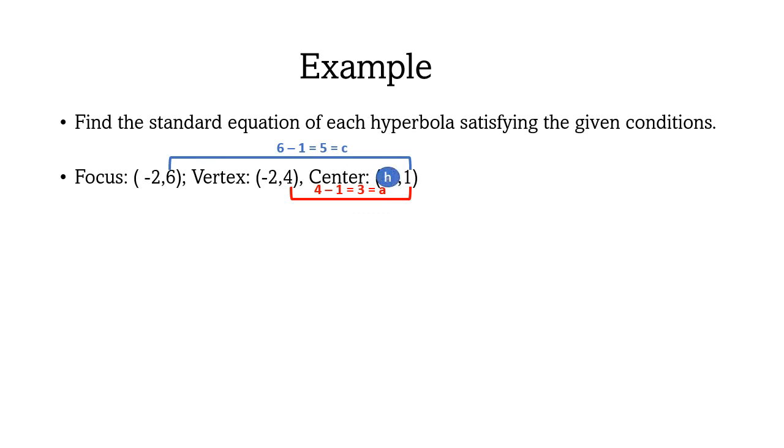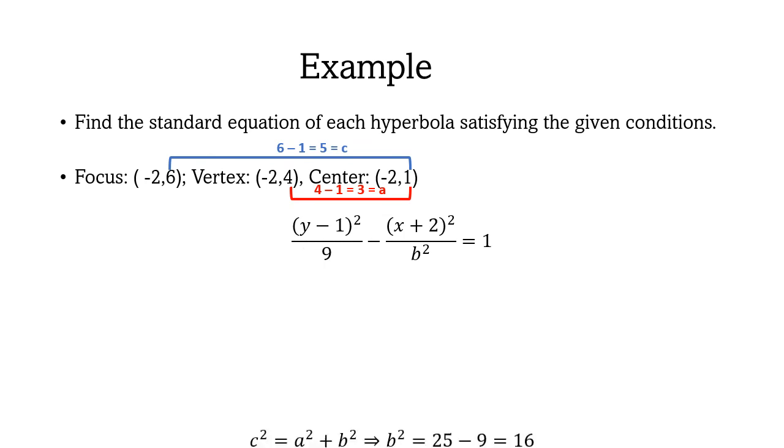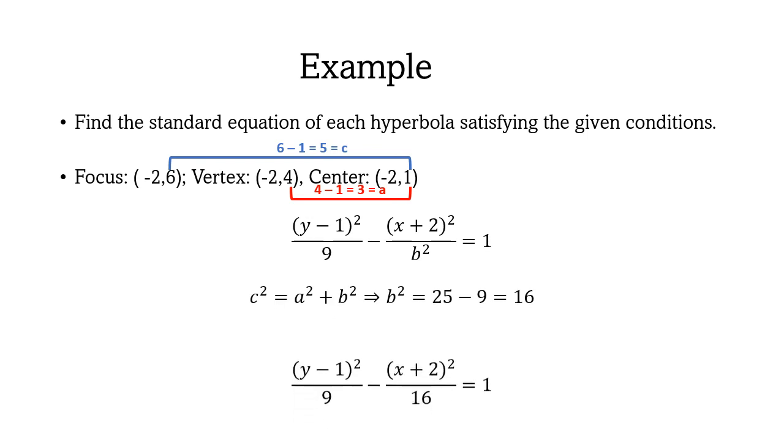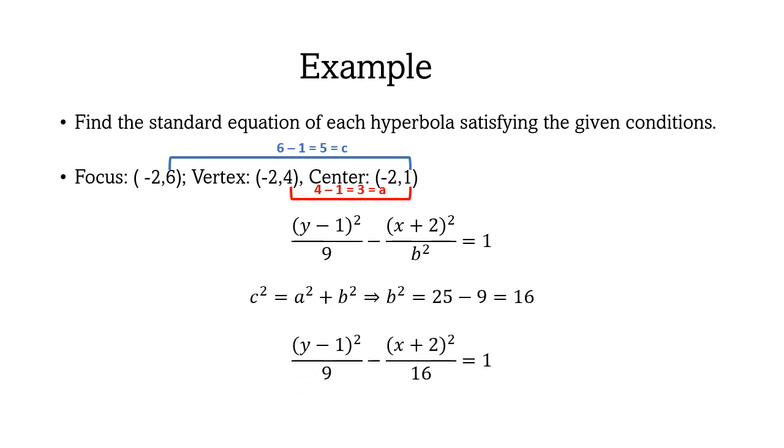This is my h, this is my k. Plugging them in the equation, finding b squared. Therefore, the equation of the hyperbola is as such.